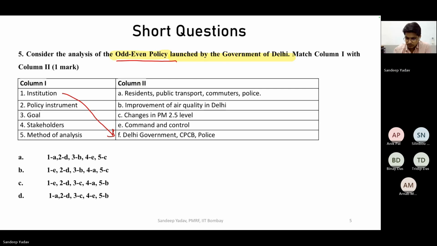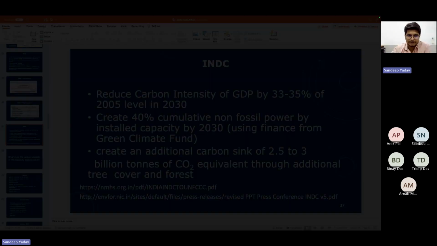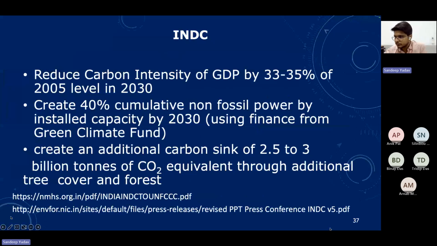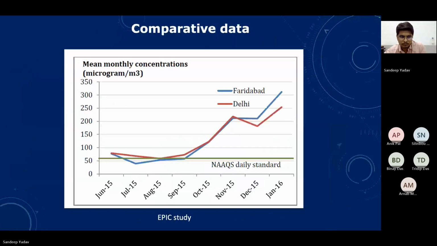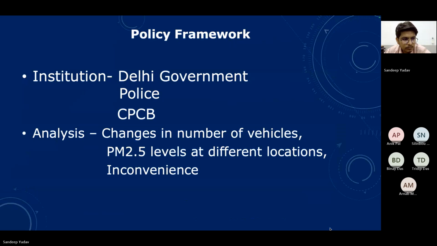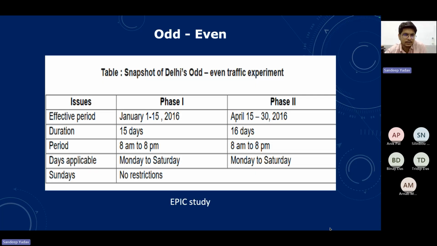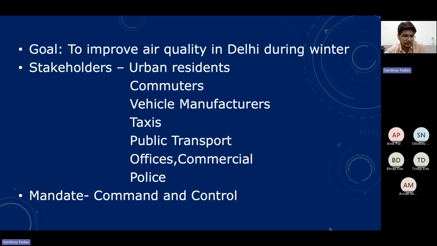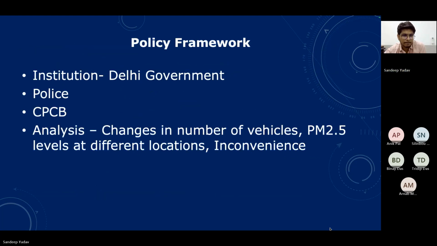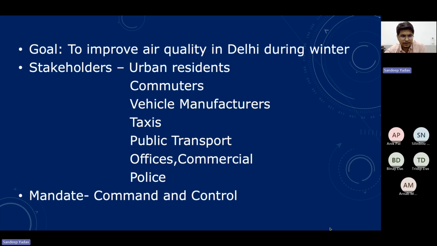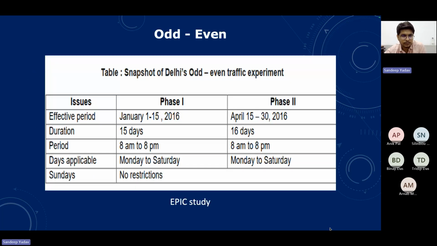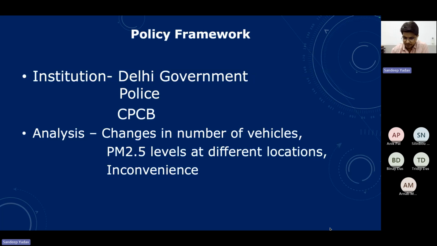I'll just revise it so that you can answer. Institutions are Delhi government, CPC and police in this case, and stakeholders are these ones. The goal is to improve the quality of air. The method is command and control analysis. If you've read this, now you can answer these questions.